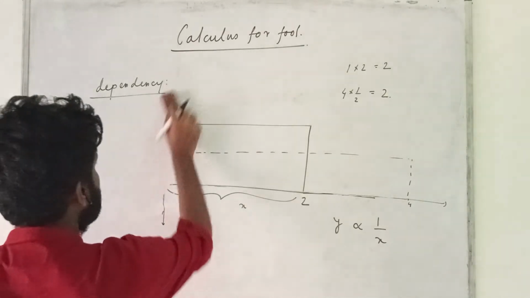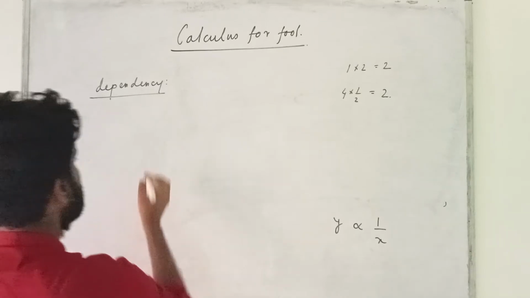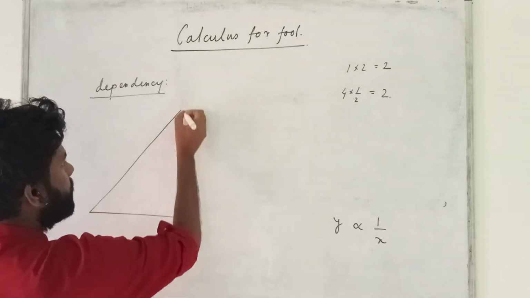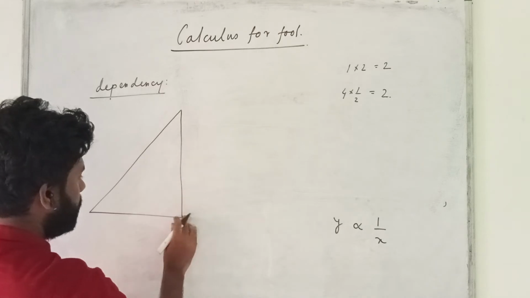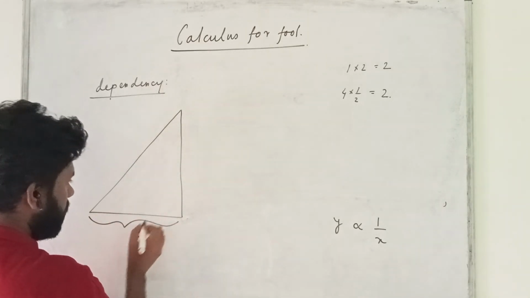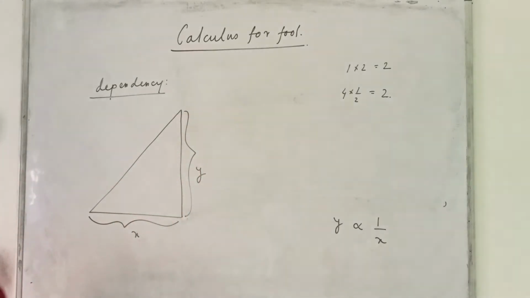Okay. Now for another example, if you have a triangle, and the base, I call the base x and the height y, and I put here a restriction.